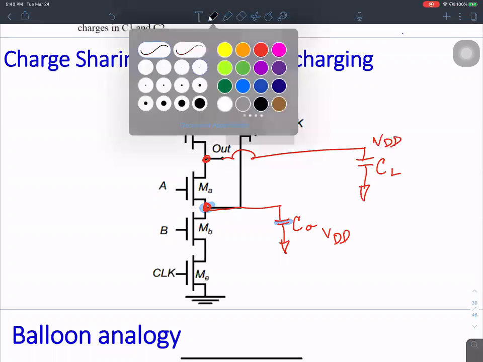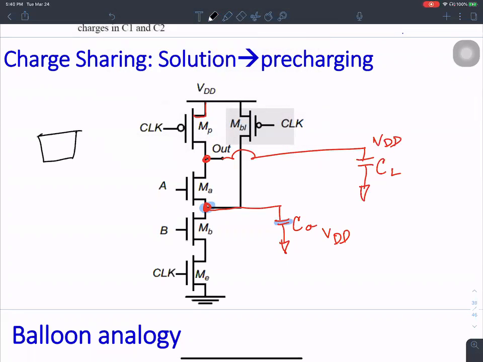This is similar to connecting two buckets, both of which are full of water. When a connection is made between these two nodes, CL and CA, there is no water flow in any direction.